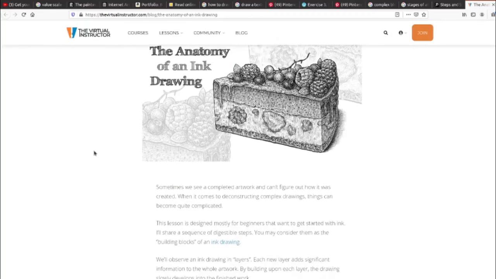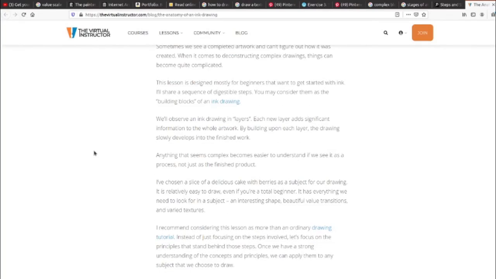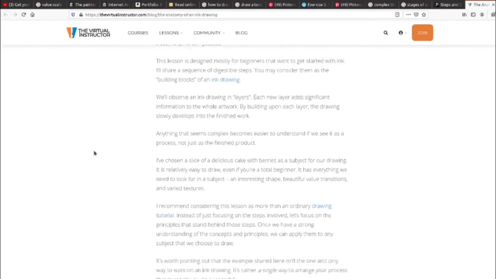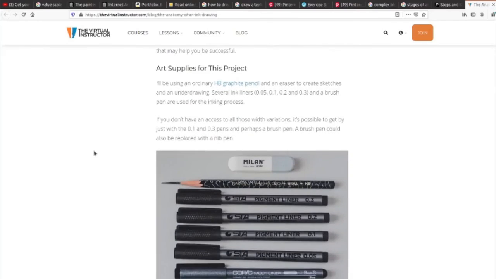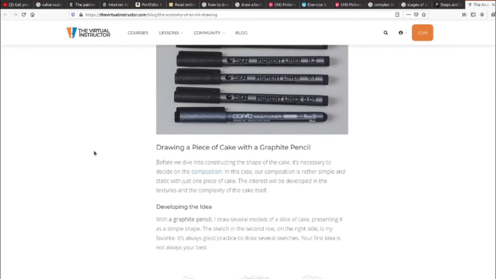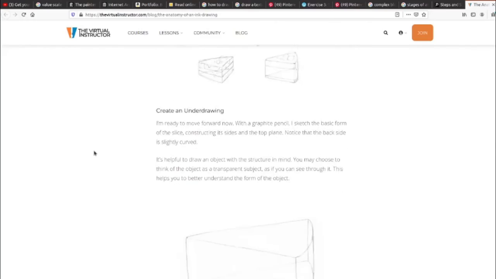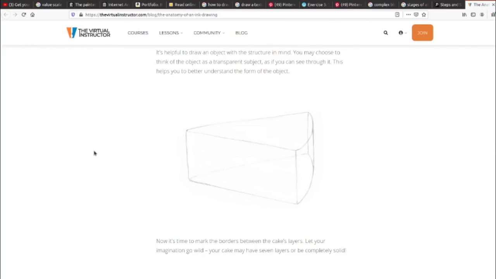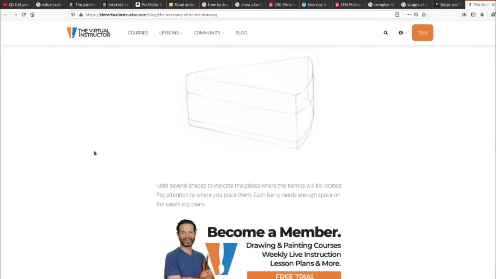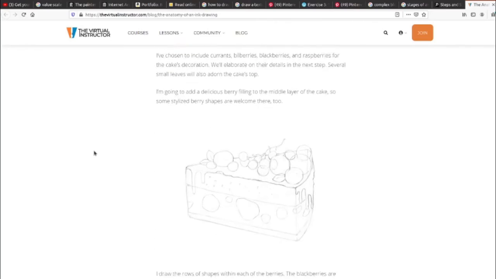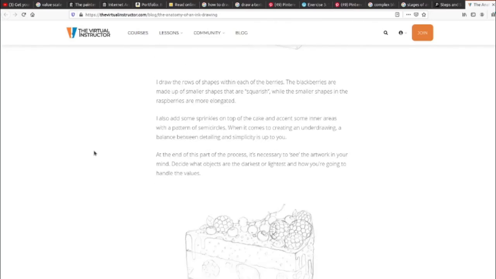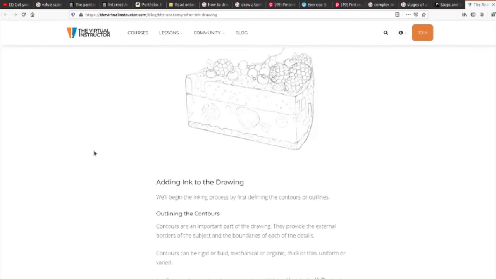And as you scroll down, you'll notice that the instructor, Eugenia House, details the supplies that you need, and then starts off with the composition. And once she's done a composition, she then creates an underdrawing, i.e. her pencil drawing. And we can see her here refining the pencil drawing.